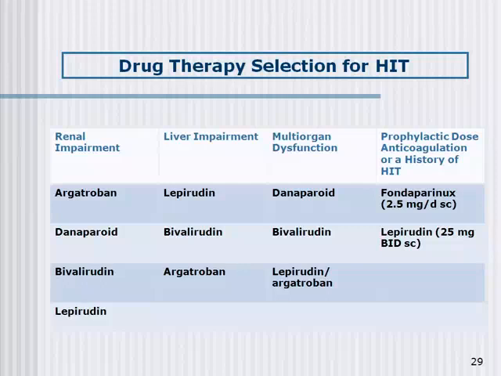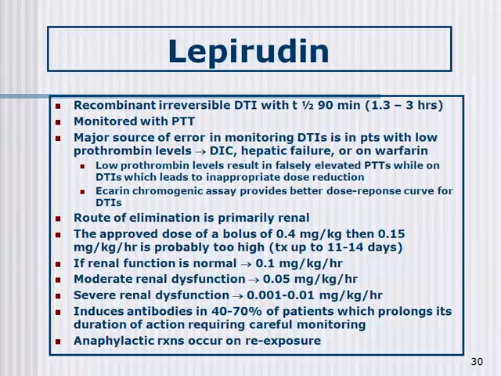Prophylaxis of DVT, though, in a patient with a history of HIT, probably the best agent is fondaparinux, 2.5 milligrams per day, given sub-Q as a once-a-day dose, will prevent DVT in patients that cannot take heparin.